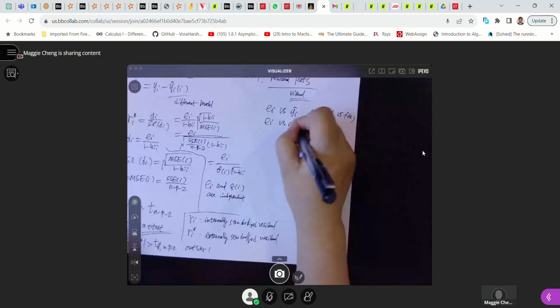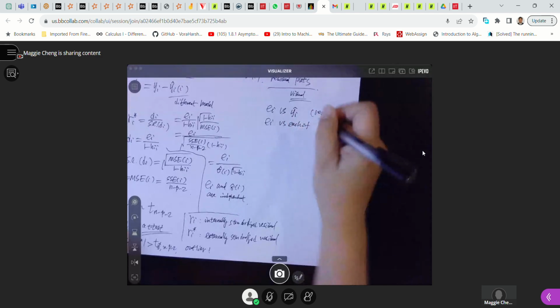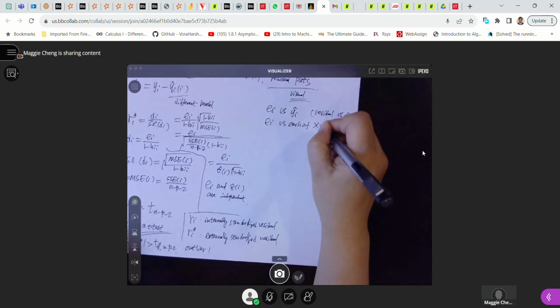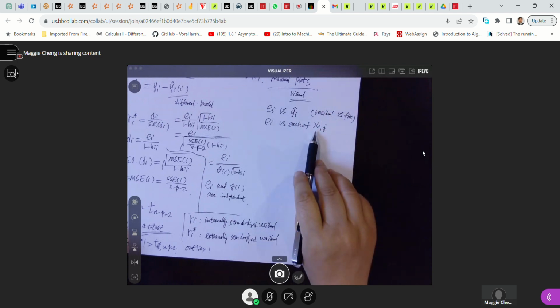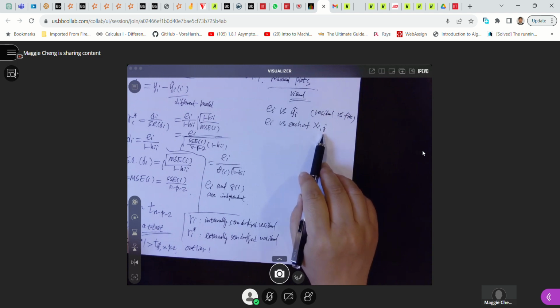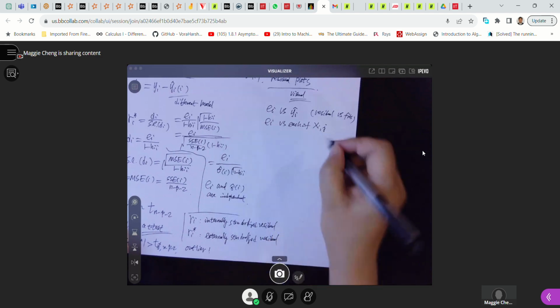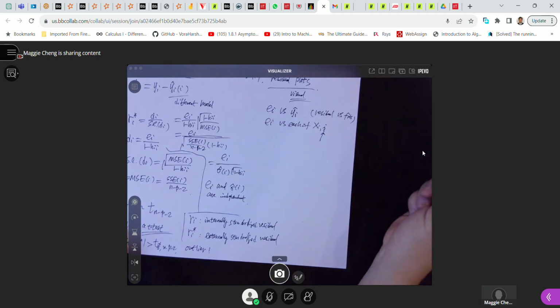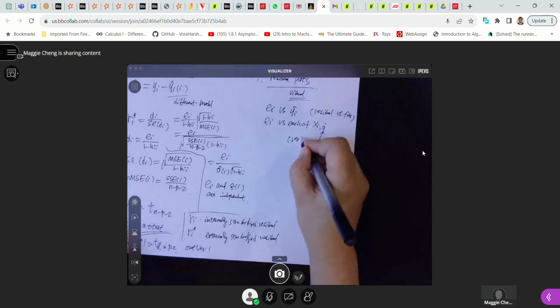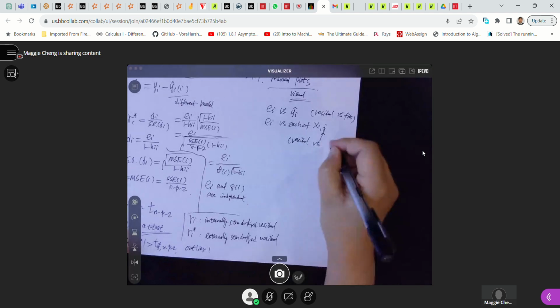You can also use e_i versus each of x_ij, written in this form because x_i is the ith row, meaning the ith data point, and the jth column means the jth predictor. So basically we use e_i versus each dimension, each predictor variable. This is called residual versus the predictor.